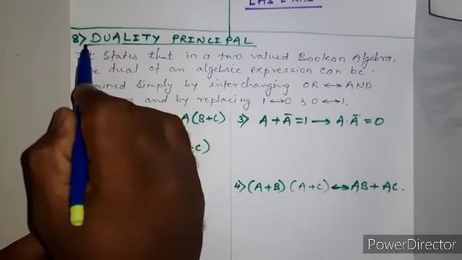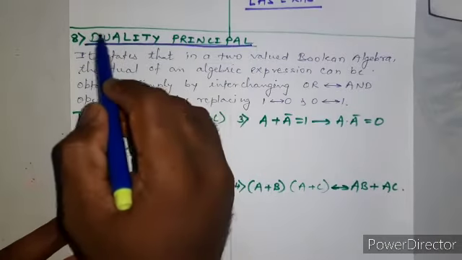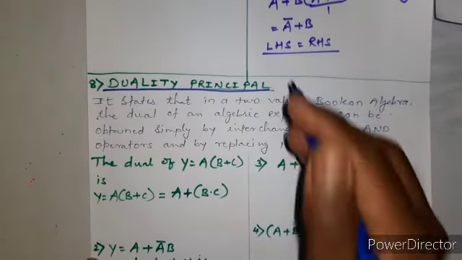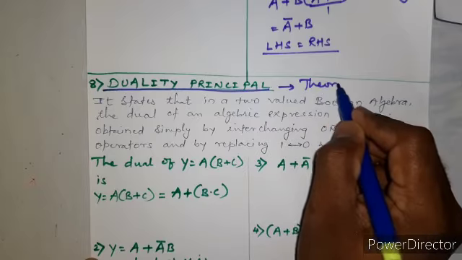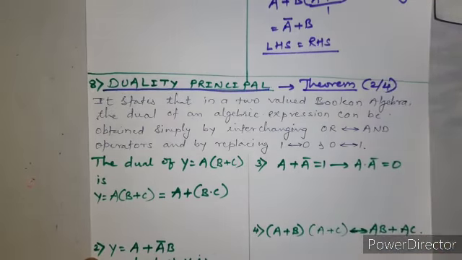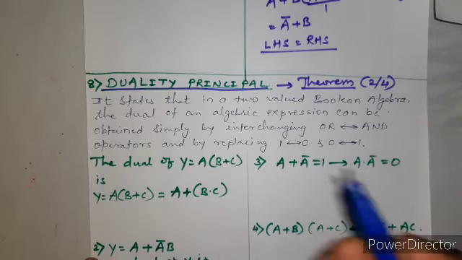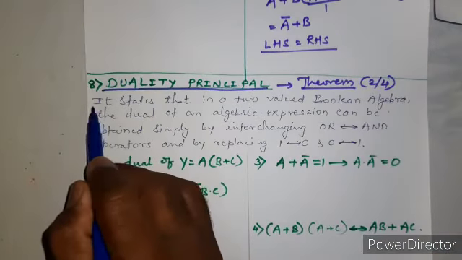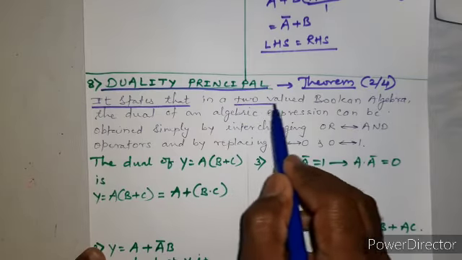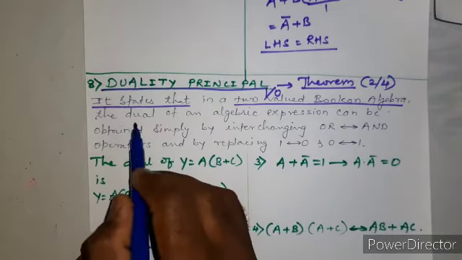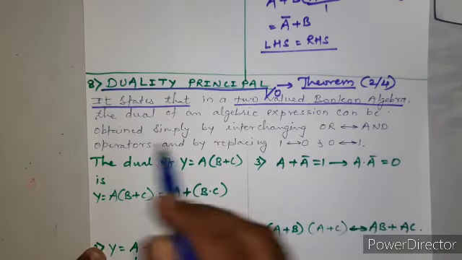Next, very important is this duality principle. Dual means double. Duality principle, you can say this as a theorem. You may have this for 2 or 4 marks in your exam. Now what does this duality principle or duality theorem state? It states that in a two-valued Boolean algebra, two-valued here means 1 or 0, the dual of an algebraic expression can be obtained.